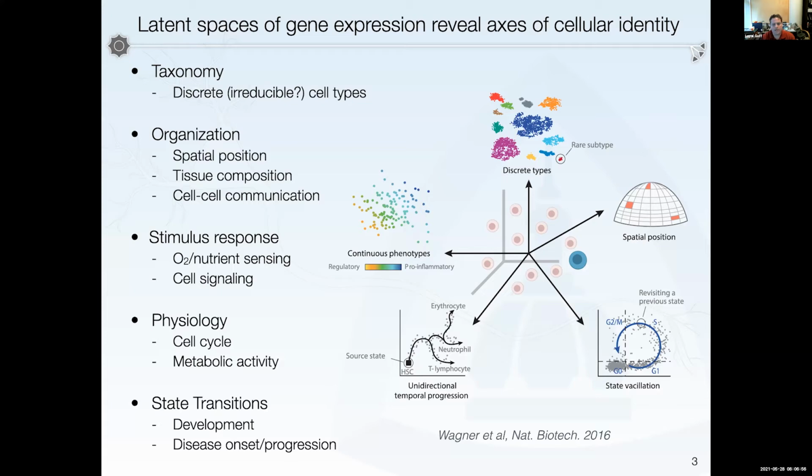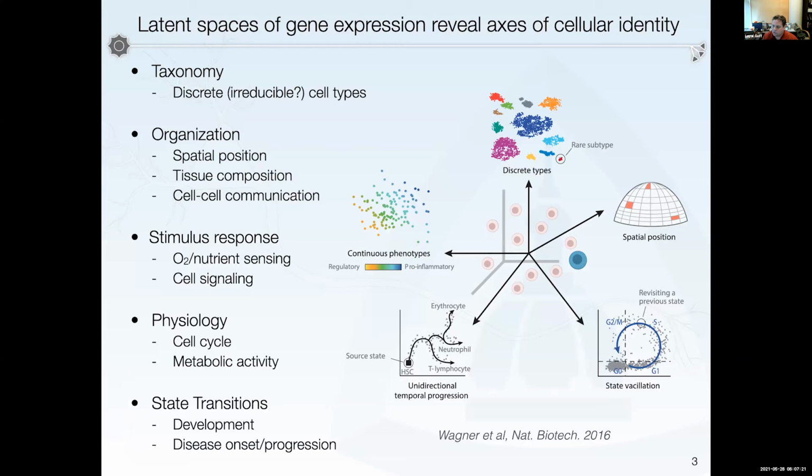There's been an explosion of this study since we've gotten to single cell resolution of cellular measurements. The idea that underlies all of this is that these individual latent spaces reveal what we like to call axes of cellular identity or cellular features, and that different properties of individual cells will allow them to be positioned along these independent axes when we do this dimensionality reduction.